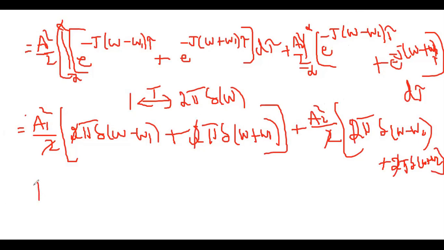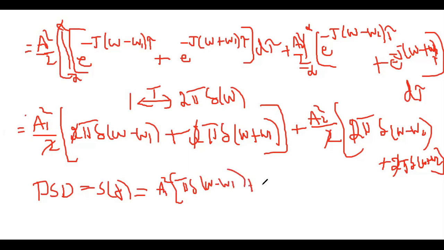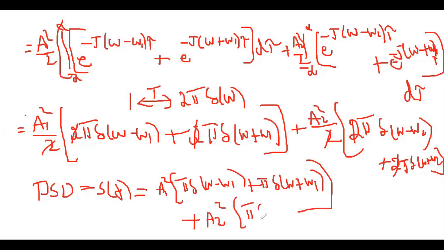Now what is the power spectral density? S of omega is equal to, the final answer, a1 square pi delta of omega minus omega 1 plus pi delta of omega plus omega 1, plus a2 square pi delta of omega minus omega 2 plus pi delta of omega plus omega 2. This is the second one.